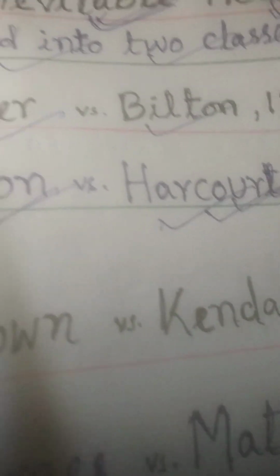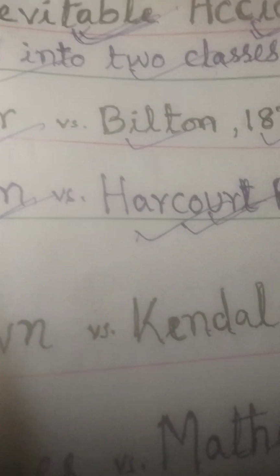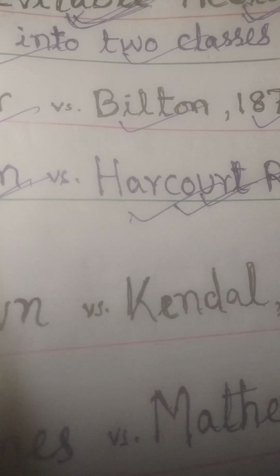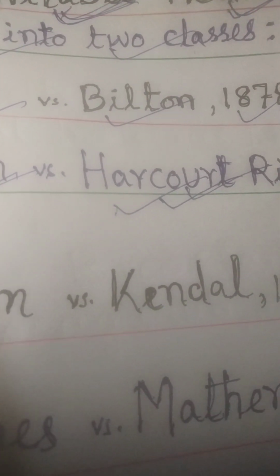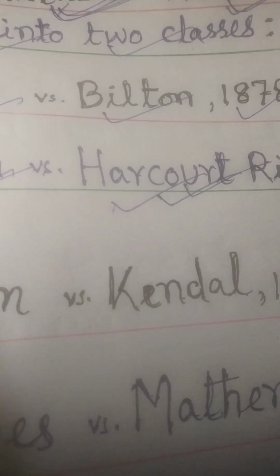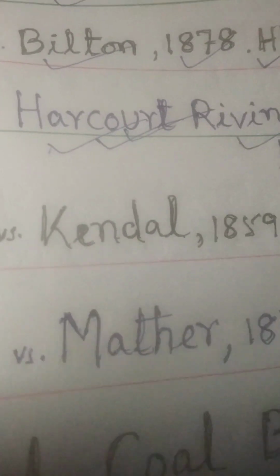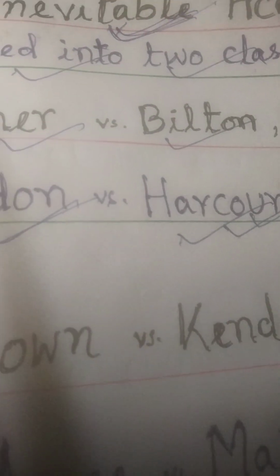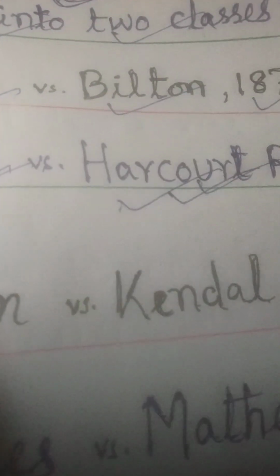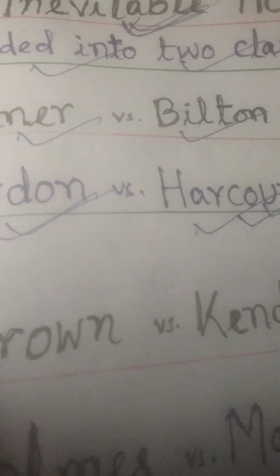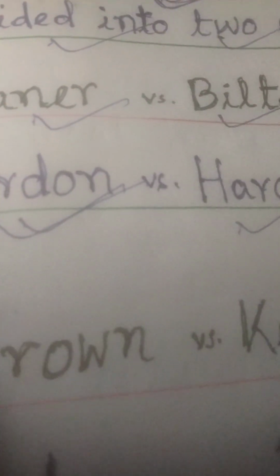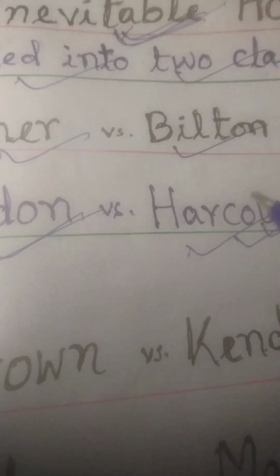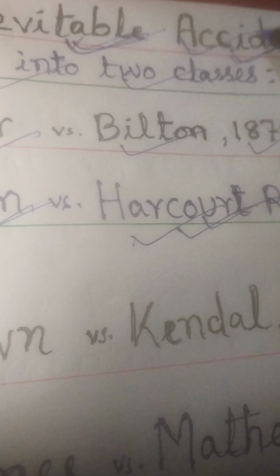So, regarding these two cases, we found that wherever every care and every necessary measure was taken by the defendant, and in spite of that the accident happened and damage was caused, the defendant would not be held liable as it falls under inevitable accident.